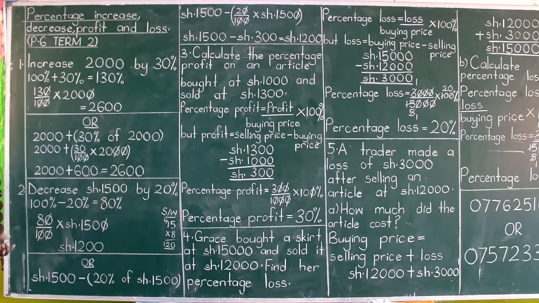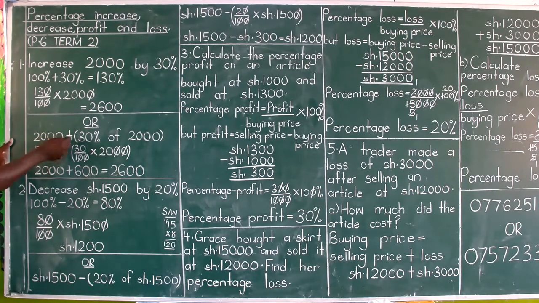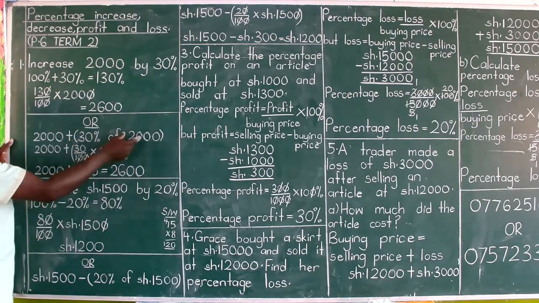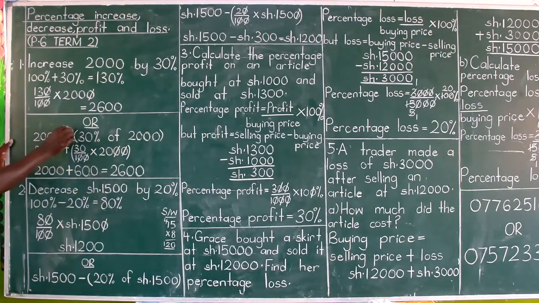Alternatively, one can use this working. If you don't use the first one of adding 30% onto 100%, you use the very original amount, which is 2,000 plus 30% of it. So long as you use that plus sign of addition, you will get the answer.